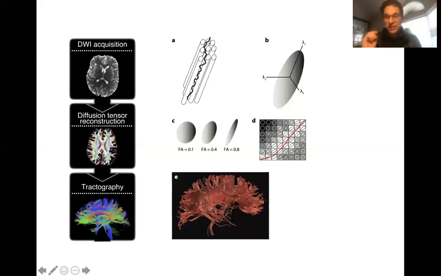One of the downsides of this technique, unfortunately, is that it's really difficult to estimate the smaller scale architecture. So, for example, if I wanted to map between this point in my brain and this point in my brain with diffusion weighted imaging, I would be able to do that, right, from two sides of my forehead.